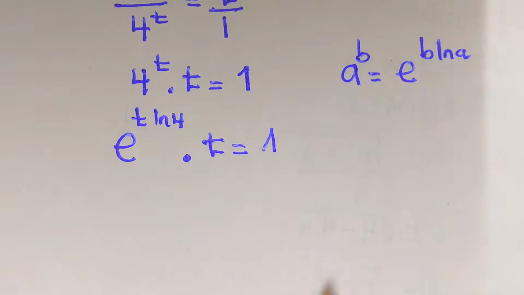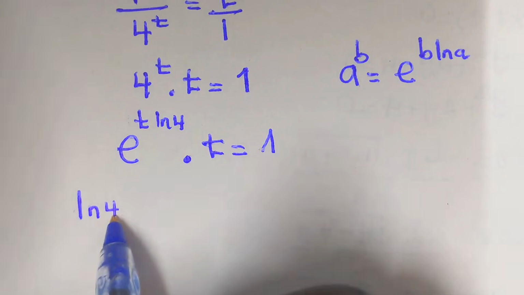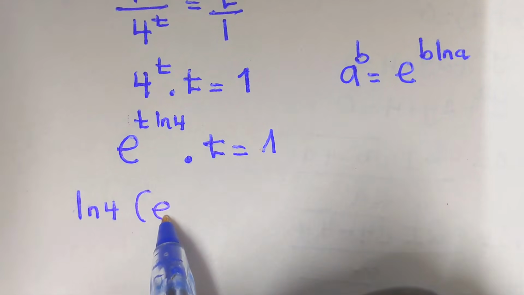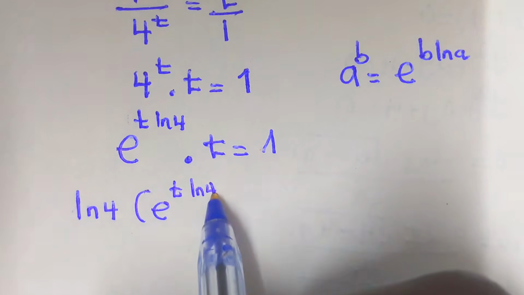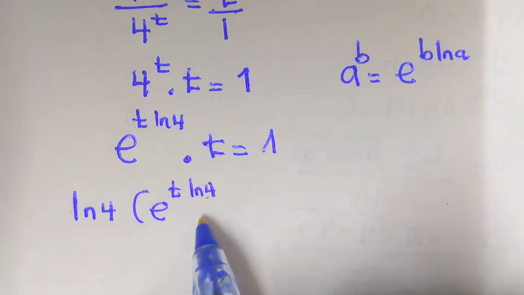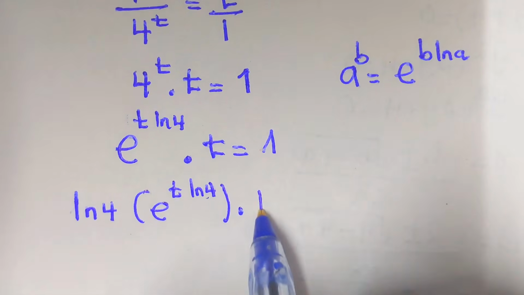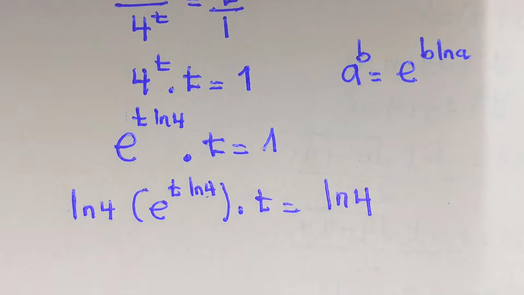So what can we do? We can multiply ln of 4 on both sides. Here we have e power t ln of 4, and here we have ln of 4. That's why we multiply it on both sides, which equals ln of 4.